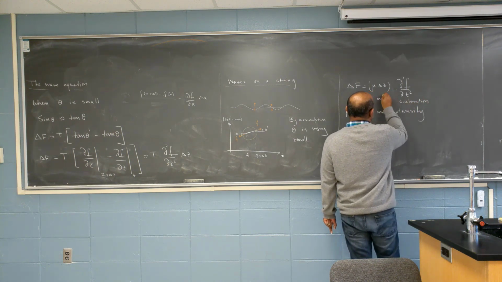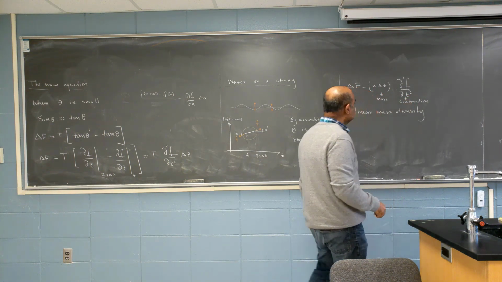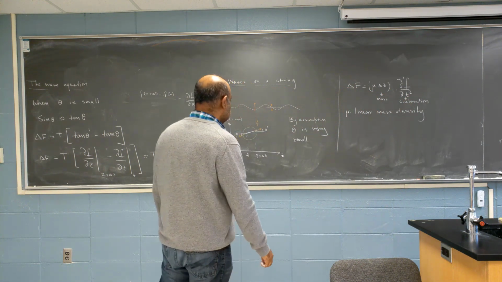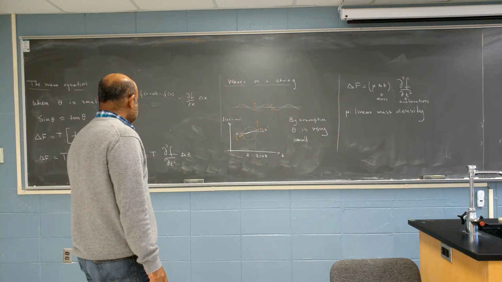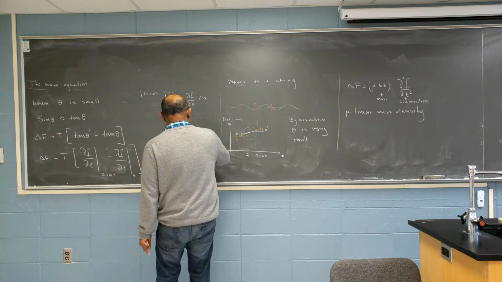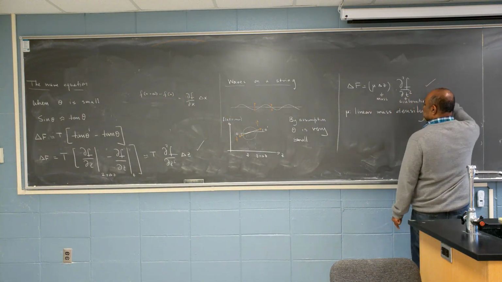So this is the mass. This is the acceleration. So we have two expressions for delta F. They must be equal to each other.